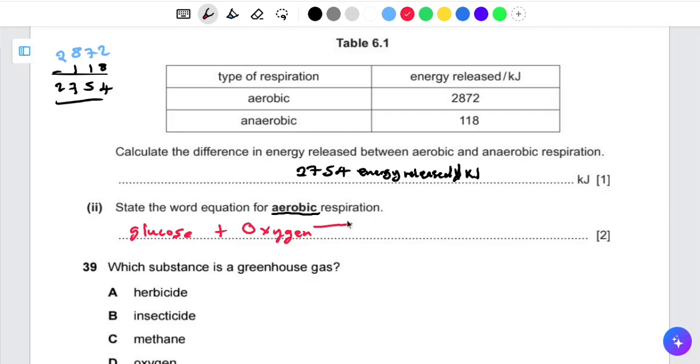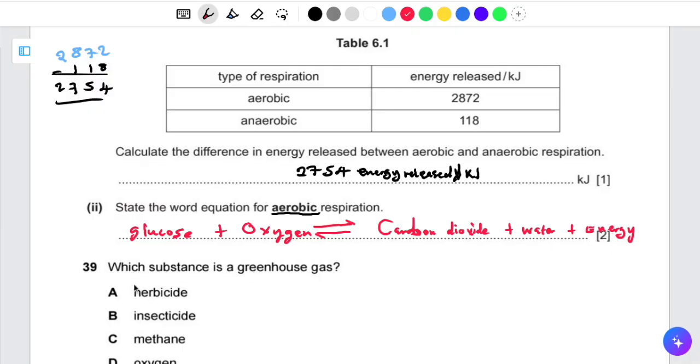This can be a forward or a backward reaction. So when you react glucose with oxygen, what are we going to have? Here we are going to have carbon dioxide. Apart from carbon dioxide, the other things released are water and energy. We can say plus energy. So these are the 3 things which are going to be released during aerobic respiration.